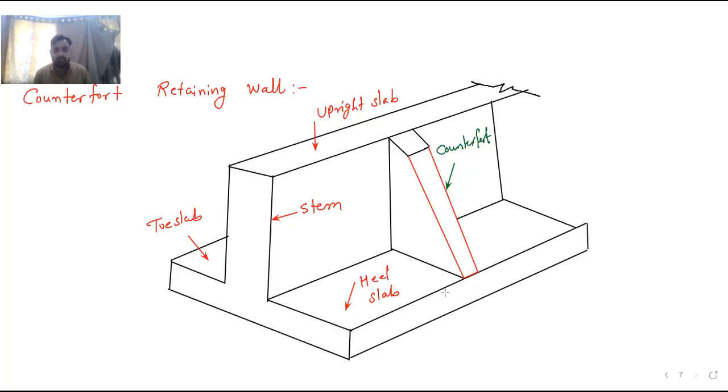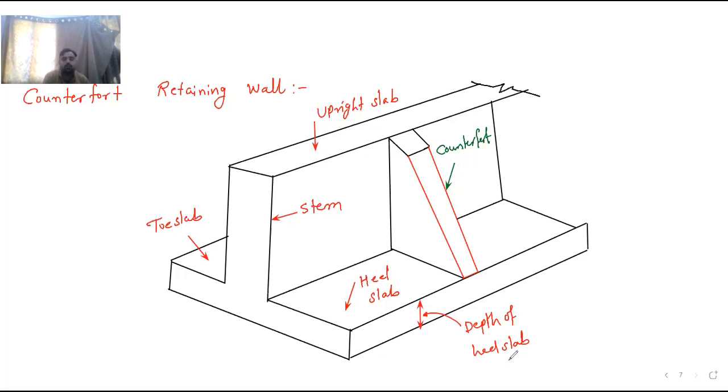This distance, if you see this much distance, this is nothing but the depth of the heel slab, or base slab you can say. This is the diagram of the counterfort retaining wall.